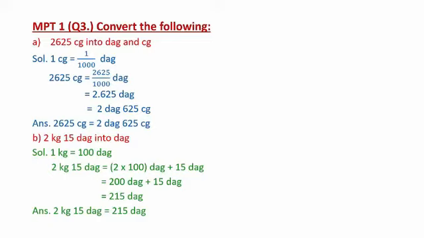Since 15 decagram was already in decagram unit, we will simply add it. So 2 into 100 is 200 decagram plus 15 decagram. Now the units are the same, that is decagram. So 200 plus 15 is 215 decagram. The answer is 2 kilogram 15 decagram equals 215 decagram.